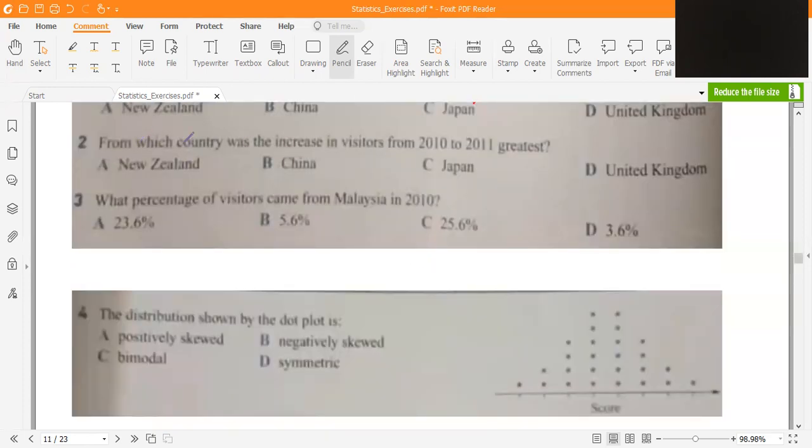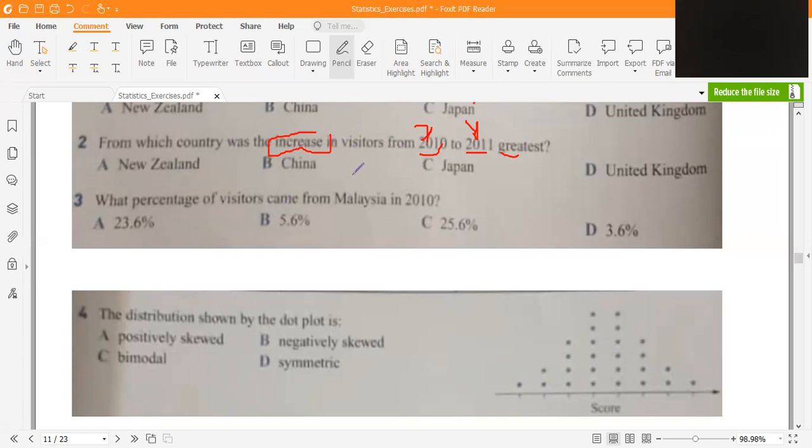And the second question: from which country was the increase in visitors from 2010 to 2011 the greatest? Normally, the term increase refers to a change from one year to another.